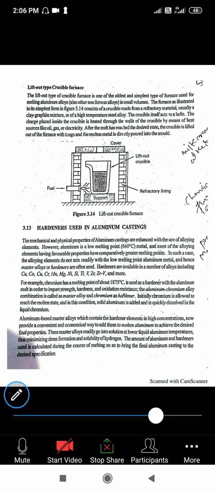The most commonly used is the lift-out type crucible furnace; the name itself indicates that the crucible is lifted out of the furnace. Now here is a simple diagram to understand the construction.